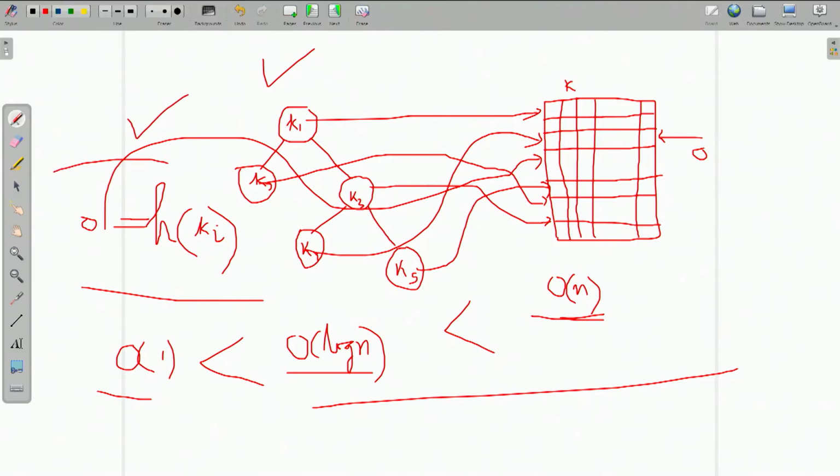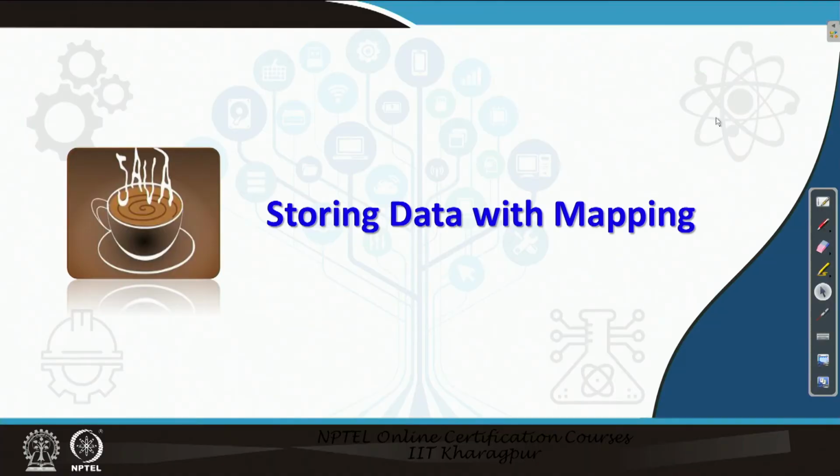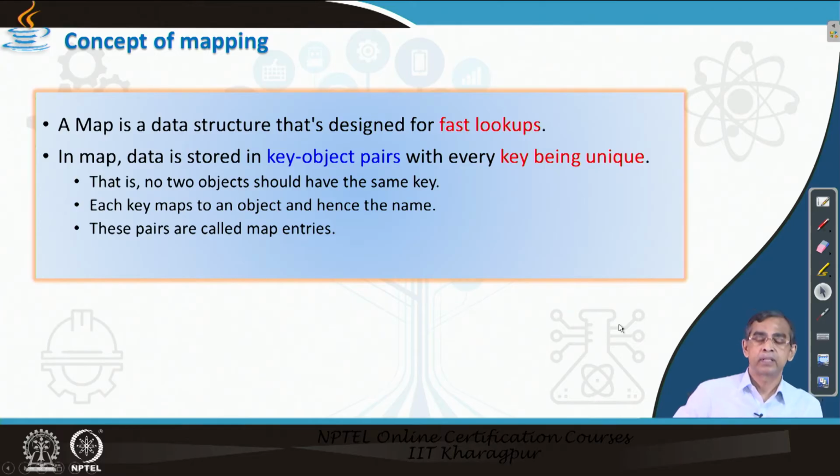So, the concept here is called hashing. Today we will discuss this concept of hashing in order to manipulate the table. So, storing data with mapping is basically using the hashing concept that we are going to learn. So, let us start with the concept of hashing.